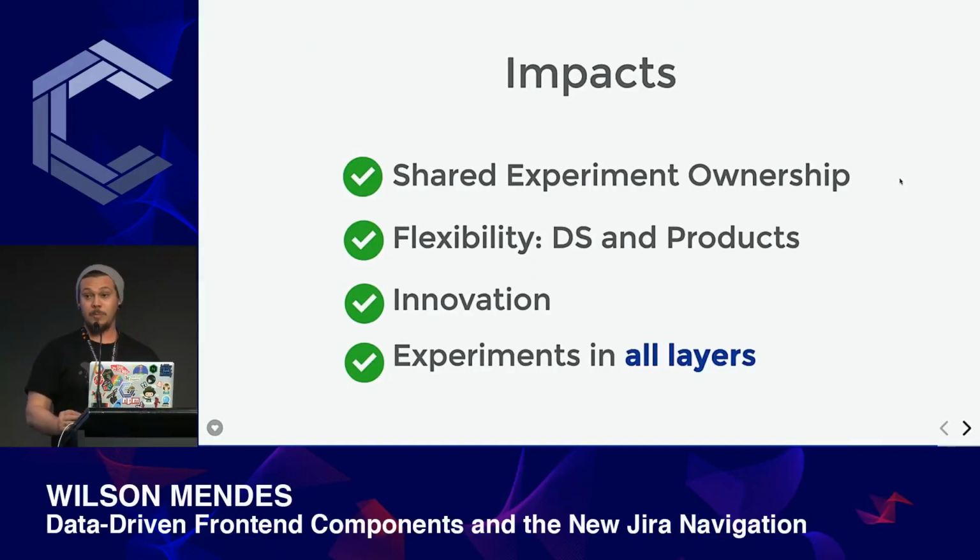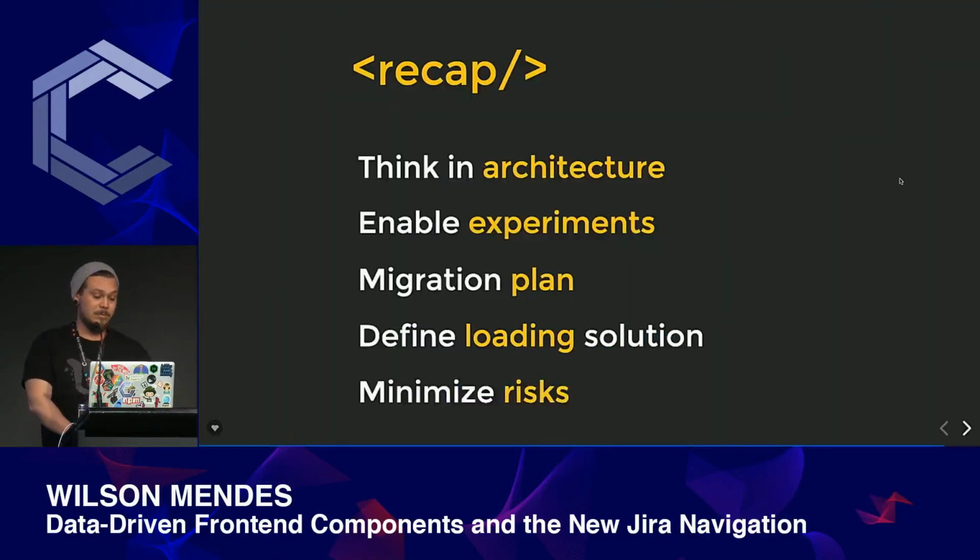And you're totally up for innovation, or even if you want to do a migration, let's say that you're trying to use a new protocol to do requests, or a new tool that will improve things. So yeah, you can pretty much experiment in all layers. That was the main goal. That was the main success.